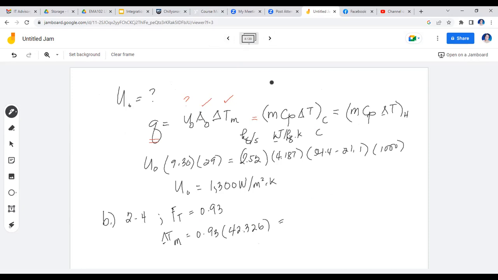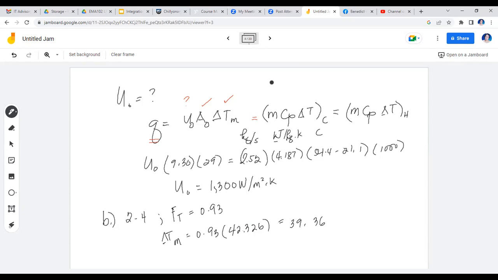So then your delta T mean is 39.36. So in terms of the computation for the Q, the same formula will be followed here on top.